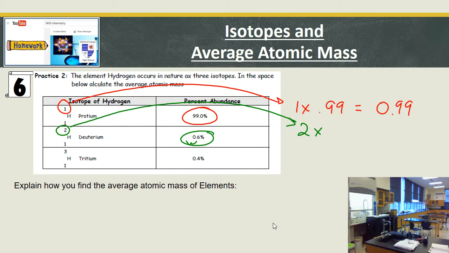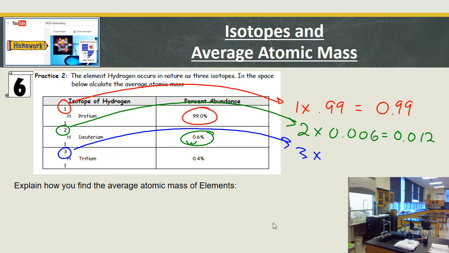When I move this over twice, that's going to be 0.006. And I multiply that by 2, that is going to be 0.012. And then tritium is 3, so I'll bring my 3 right over. And I'm going to move this over 2 times, so that's 0.004, times 3 is 0.012.